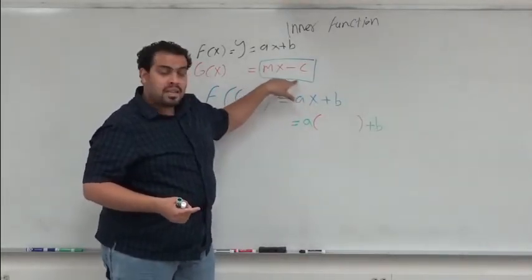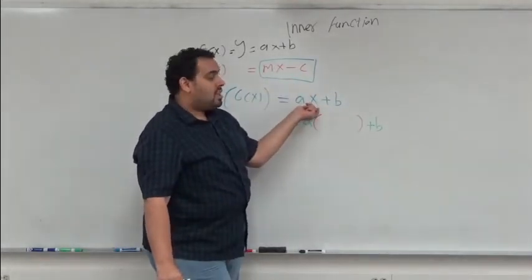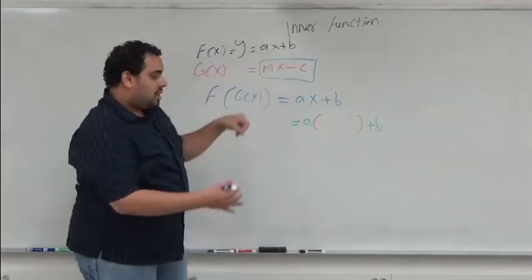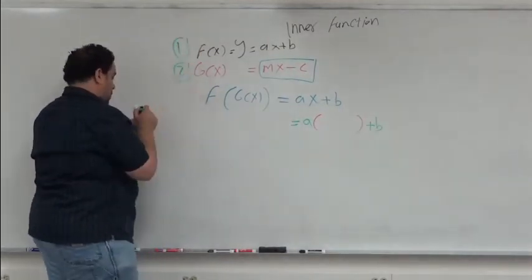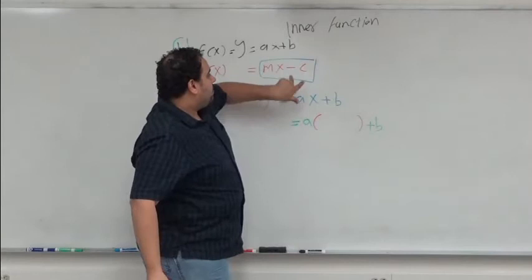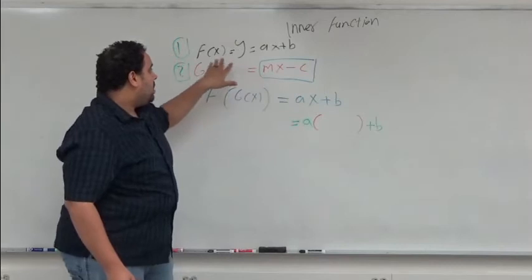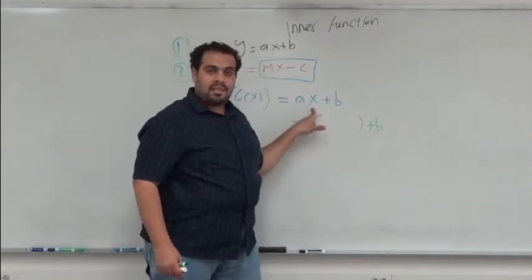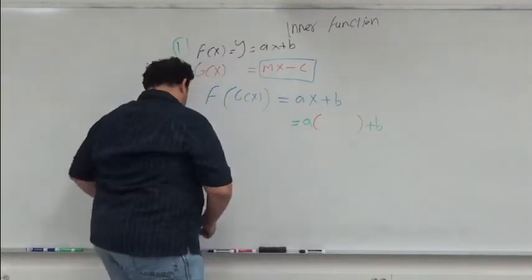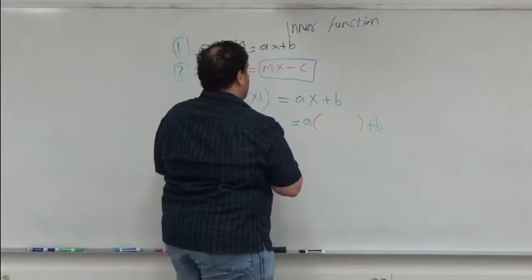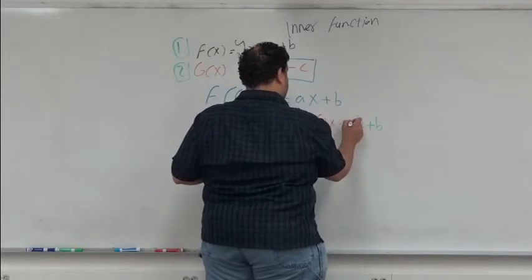You take mx minus c and replace it with the x here. See, this is function number 1 and this is function number 2. So now I'm putting the g of x inside, replacing the x with mx minus c. I wrote the f of x again, but without the x, and left it empty. Now, what I will do is just write the g of x, which here is mx minus c.